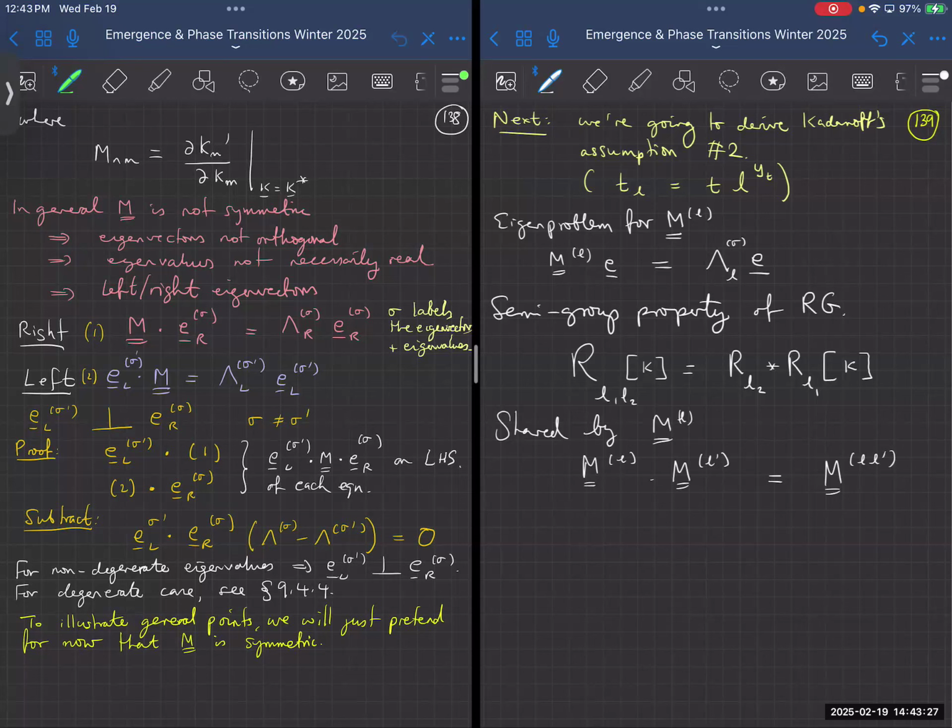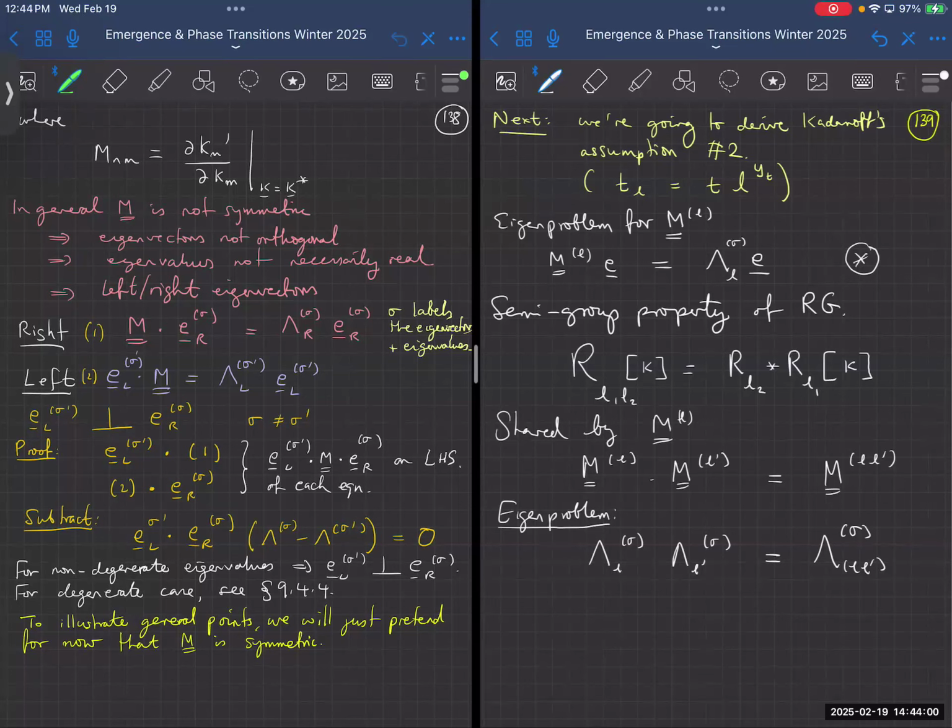And once I have that, I use the eigenvalue problem. Because each of these matrices satisfies this eigenproblem, what that implies is lambda L of sigma times lambda L prime of sigma is equal to lambda of L L prime of sigma. That's just from the eigenproblem.